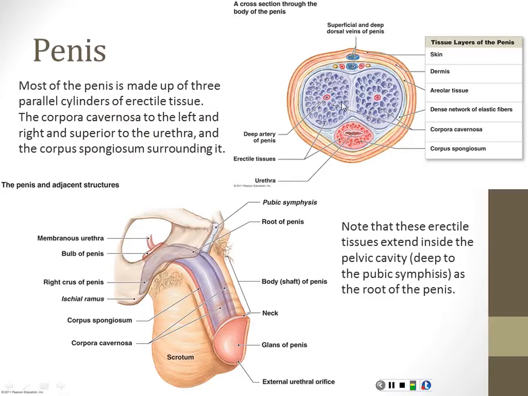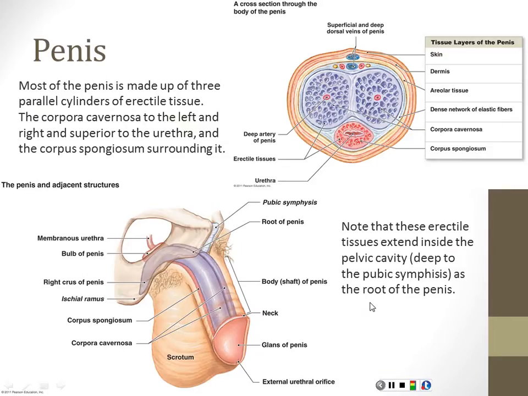So we have a large artery in the center of each of these, and then essentially the corpora cavernosa are veins. They're just spongy veins that normally in the non-erect penis drain the blood from this artery, but by changing the valve, so to speak, you can increase and create hydrostatic pressure.